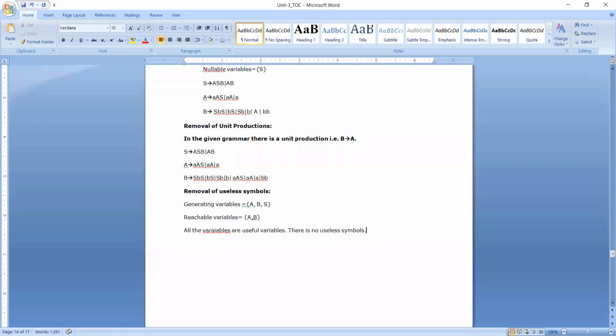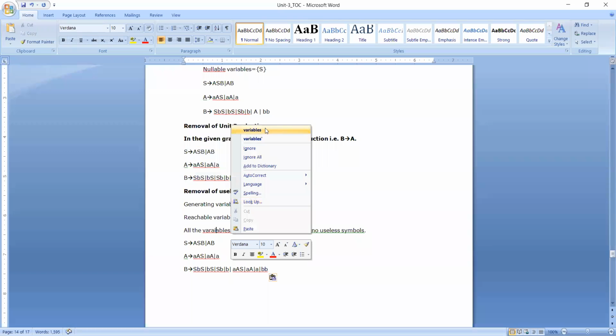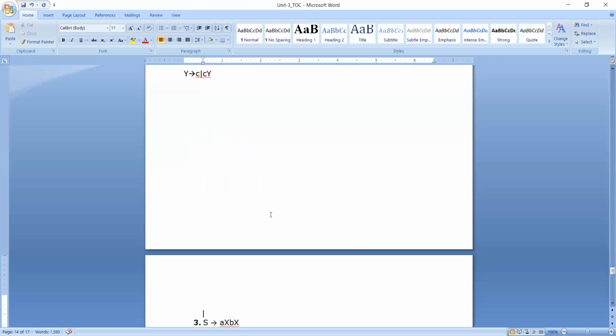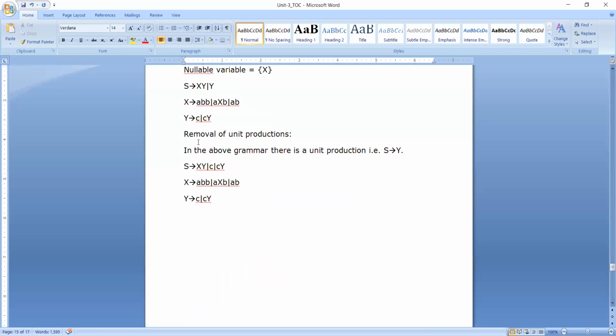After removing all the useless symbols, we are going to get the same grammar as it is. Okay. Now, this is what we mean by generating variables as well as reachable variables. Now let us go for the next production. Just take this production. So here we look into our third one. See here.